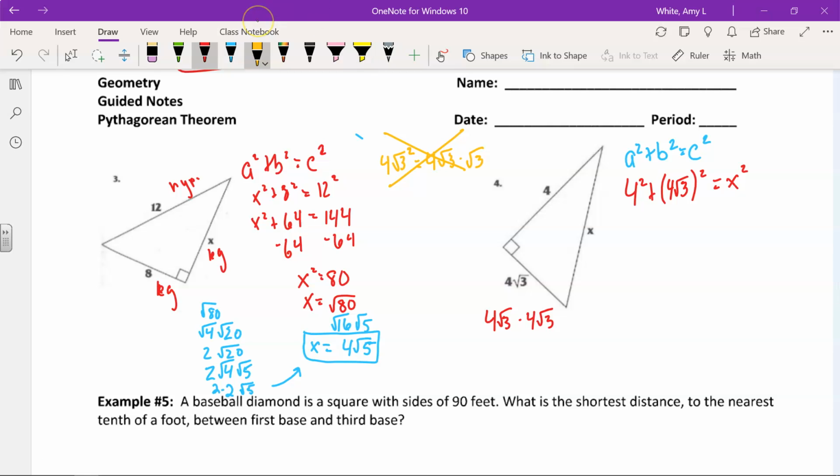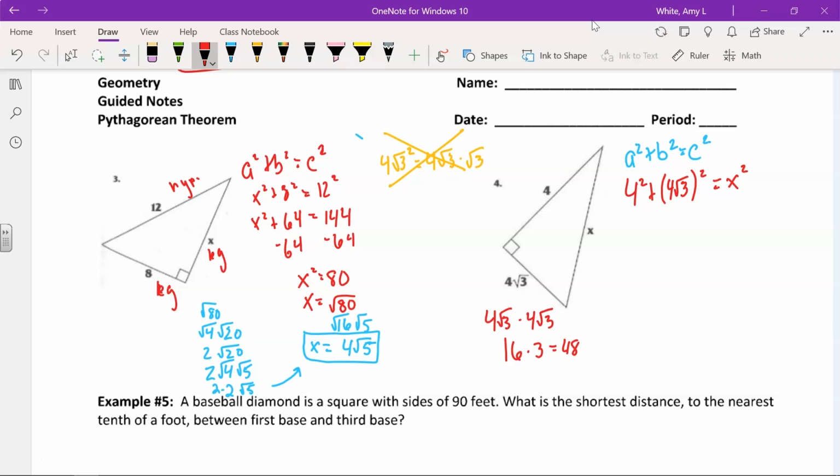So when we square the entire thing, we're going to do 4 times 4 is 16, and then the square root of 3 times the square root of 3, that would give us the square root of 9, which is just 3, and that's where we get 48. If you do it the other way, you would get 12, which is not the correct number.